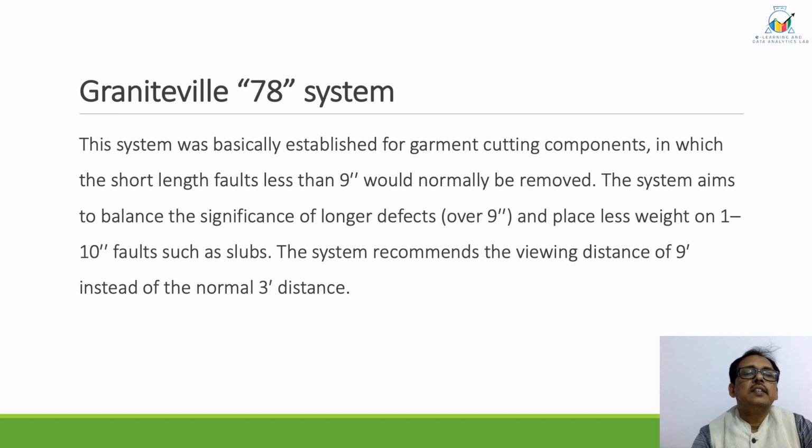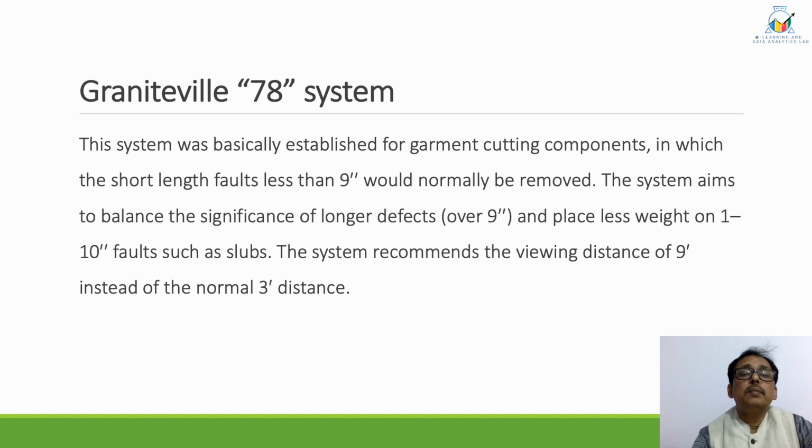Next is the 78 system. This system was basically established for garment cutting components, in which short length faults less than 9 inches would normally be removed. The system aims to balance the significance of longer defects over 9 inches and place less weight on 1 to 10 inch faults such as slubs.